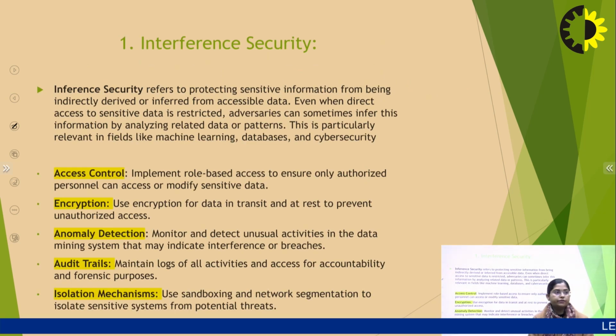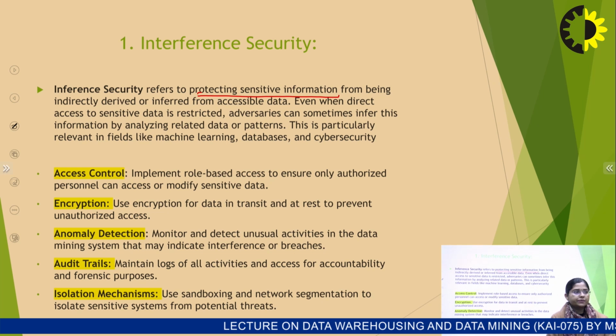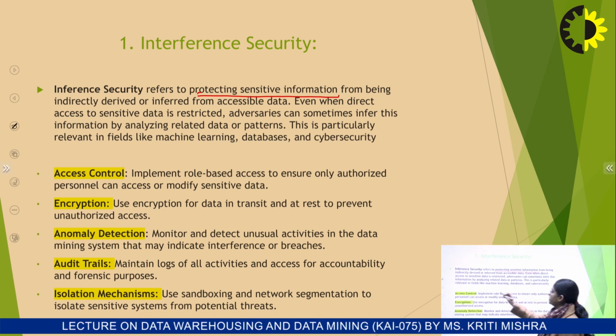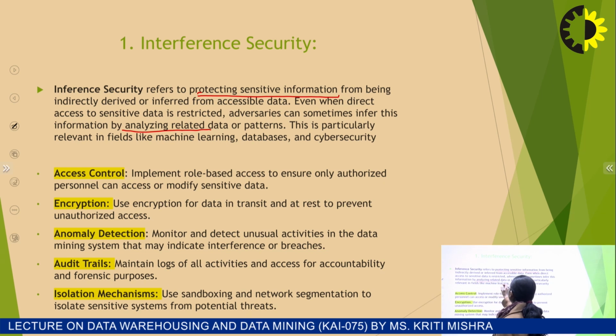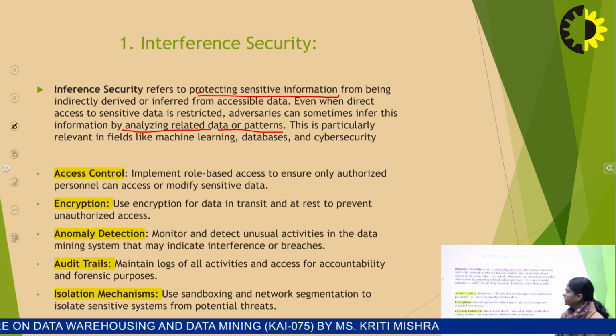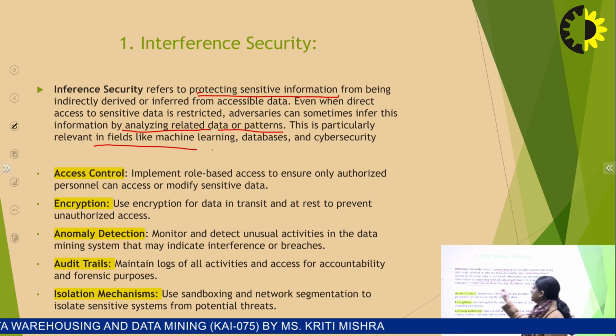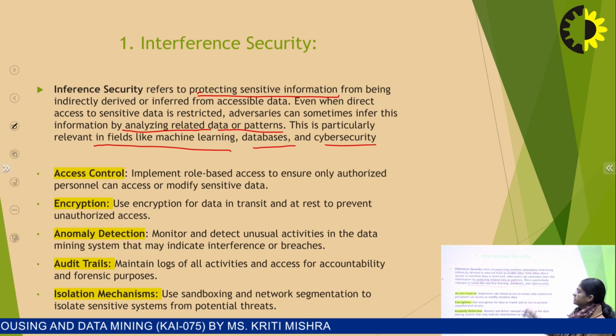Next is inference security. What is inference security? It refers to protecting sensitive information from being indirectly derived or inferred from accessible data, even when direct access to sensitive data is restricted. One can sometimes infer this information by analyzing related data or patterns, and this is particularly relevant in fields like machine learning, databases and cyber security.